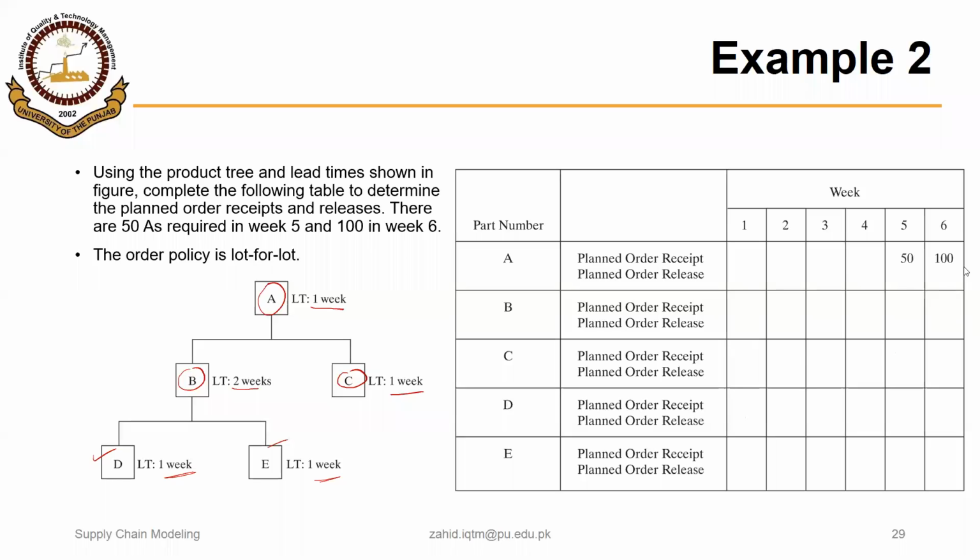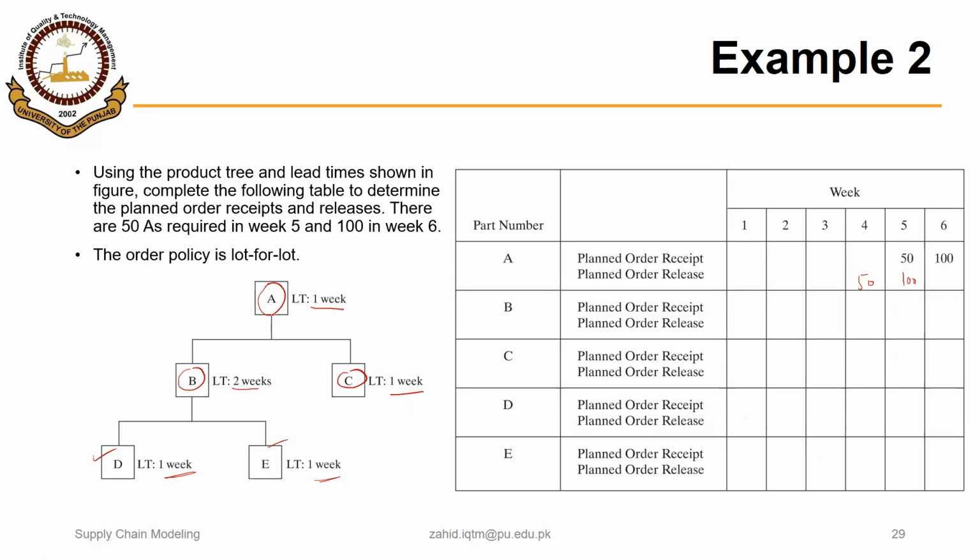So, a simple example: we need 100 A at the start of week 6, so we will place the order at the start of week 5. Similarly, we need 50 A at the start of week 5, so we will place the order at the start of week 4.